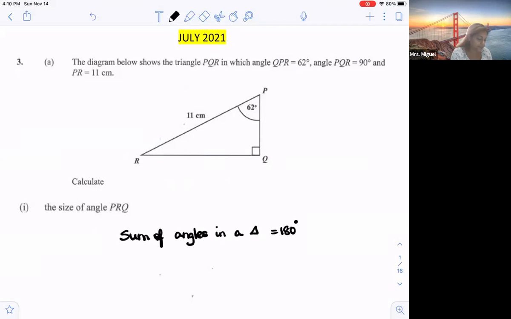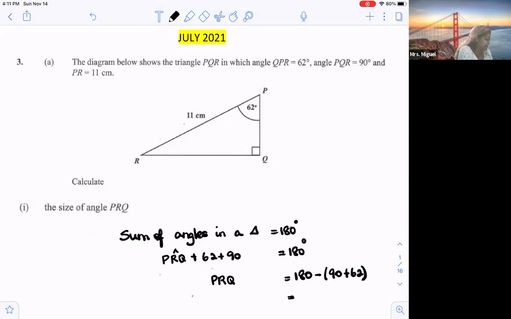So once we know that, the angle PRQ plus 62 plus 90 will give me 180. Therefore, PRQ is equal to 180 minus 90 plus 62. And 90 plus 62 is equal to 152, and 180 minus 152 will give me 28 degrees.